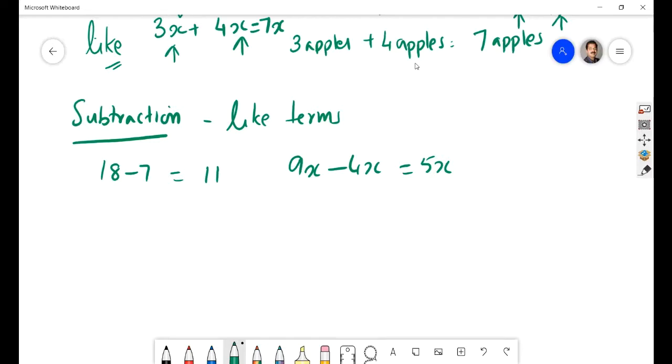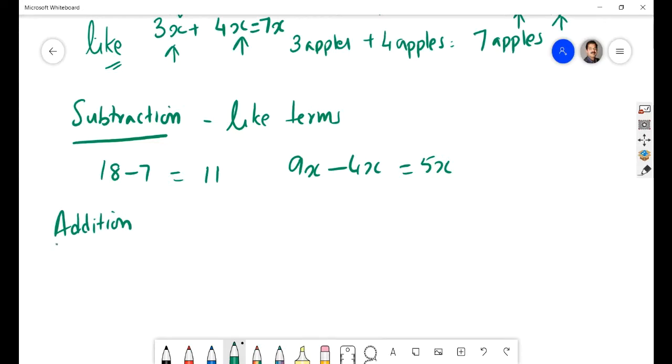This kind of subtraction and addition can become a little more complicated if there are more terms. Let us think about subtraction or addition having more terms, like terms only, but a little more complicated.